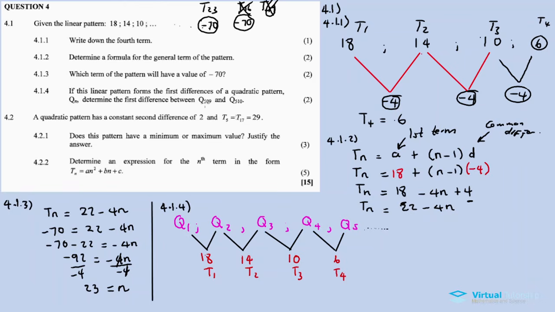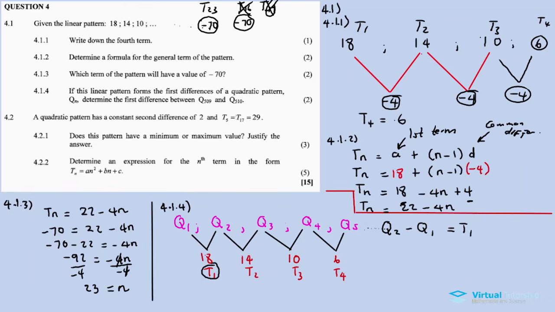Now they say find the first difference between Q510 and Q509. Look, I see a pattern here. If I subtract Q1 from Q2, I get T1, which is the first term of the linear pattern.